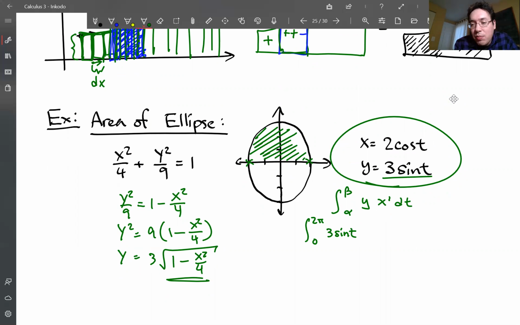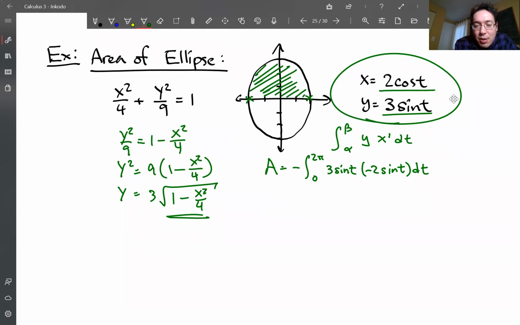And x prime, I have to take the derivative of this guy. So derivative of cosine is negative sine. And I know that this is going to be negative the area we want. So I'm going to put a negative sign in front to anticipate it, to cancel it out so I can get the positive area at the end.